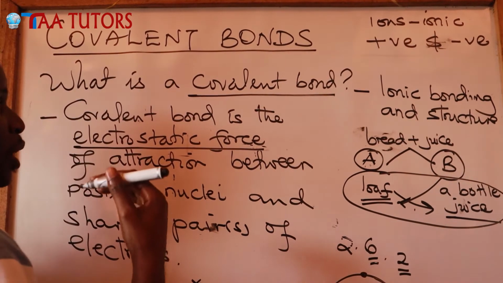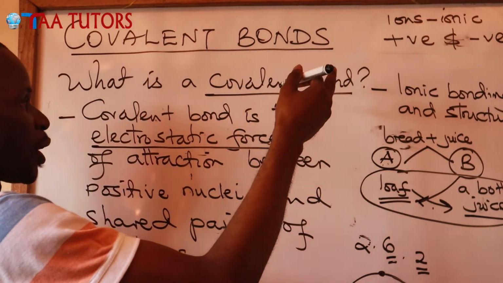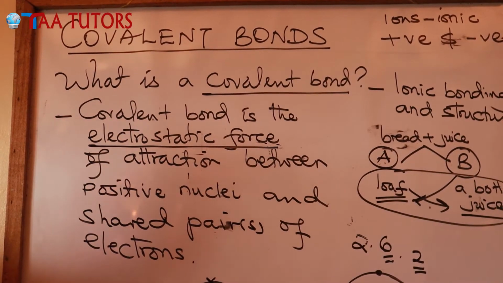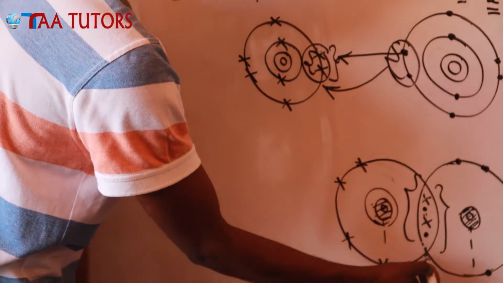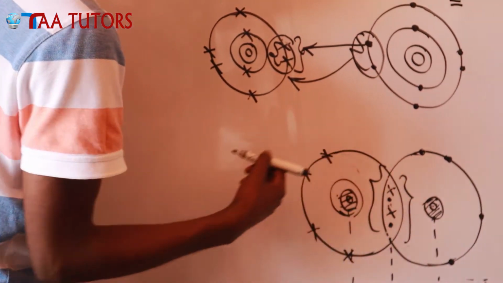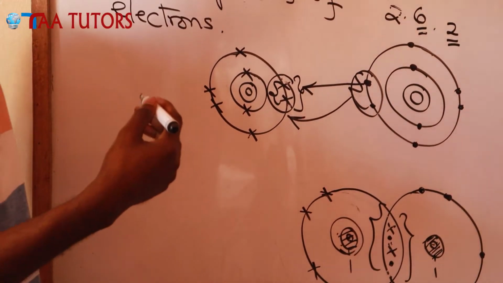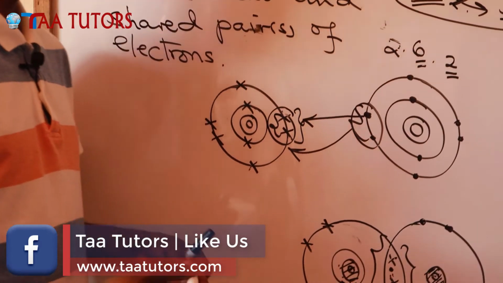So when we talk about ions, the charges, positive and negative, are from the ions, positive ions and negative ions. But when we are talking about a covalent bond, the electrostatic force of attraction, or these charges, are from electrons, which are negatively charged, and the nuclei of atoms, which are positively charged, because in the nucleus of an atom there are protons, and electrons, we know, are negatively charged.